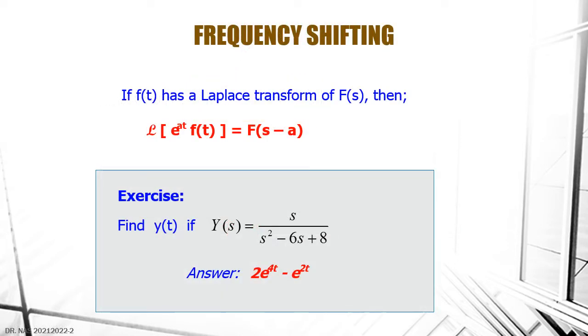Okay, another property is frequency shifting. Frequency shifting means that you have the signal being shifted in S domain. When you have the signal being shifted by a, in time domain you'll notice that the signal is multiplied by the exponential function. So try this out.